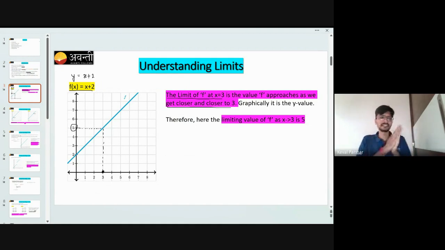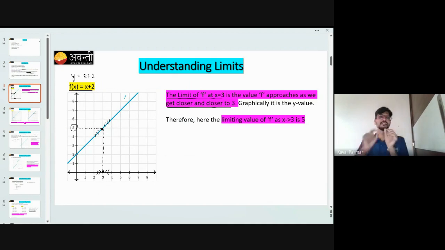But we are not interested in 5. We are interested in what happens when we approach 3 from the left hand side. As you can see, if we move from the left hand side of the graph, we approach this value. What is that value? It is 5. Similarly, if we approach 3 from the right hand side, meaning if we approach the graph from the right hand side, what value again are we approaching?